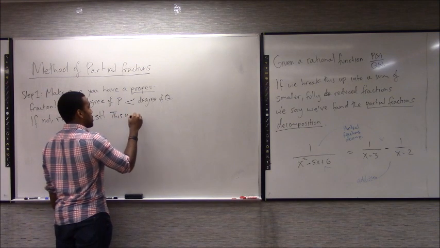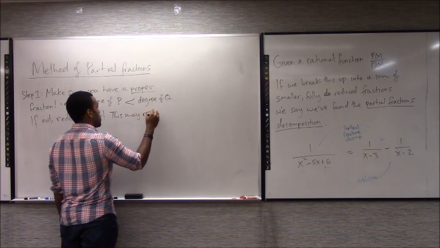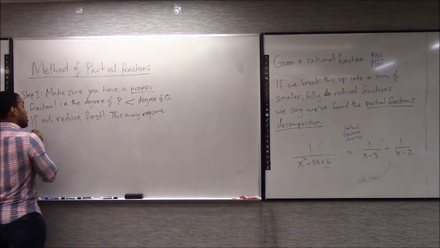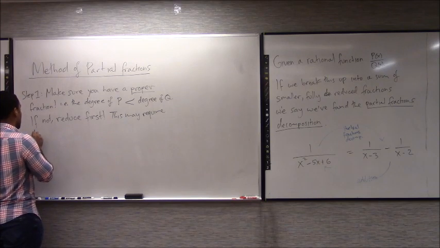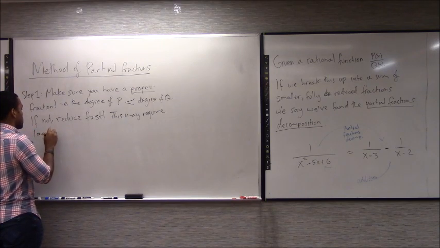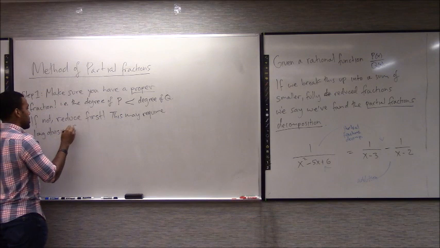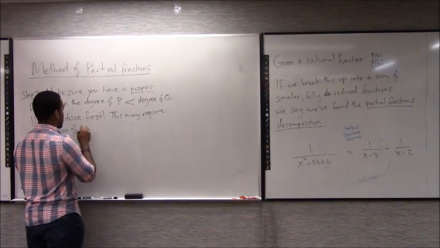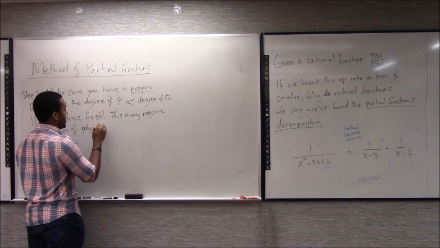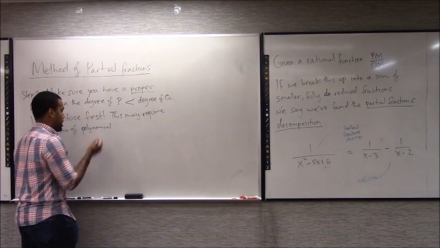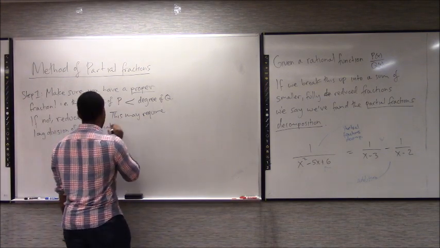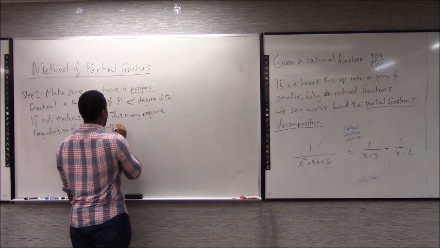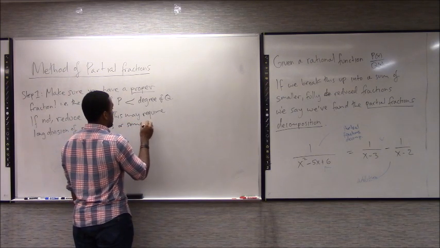This may require long division of polynomials, so we're going back to that again. Or synthetic division, if that's what you learned and that's what you remember, that's fine, but I like the long division way. Or some algebra.